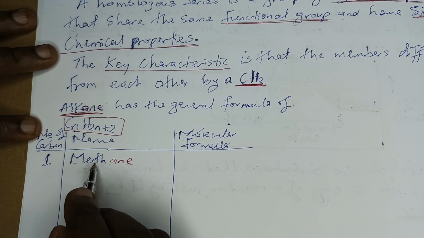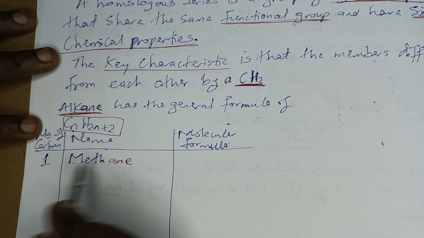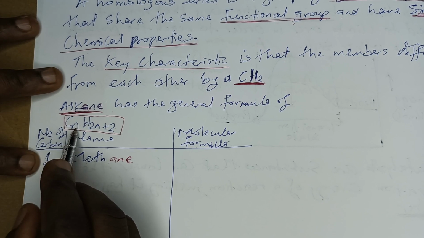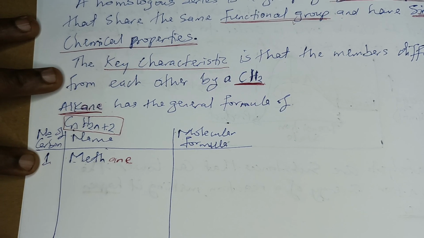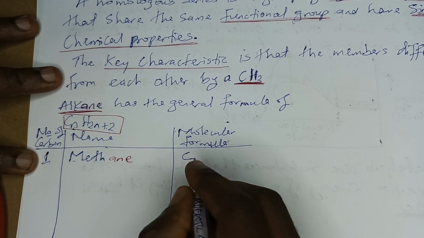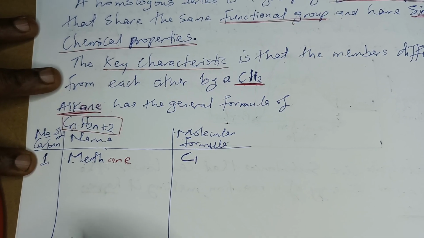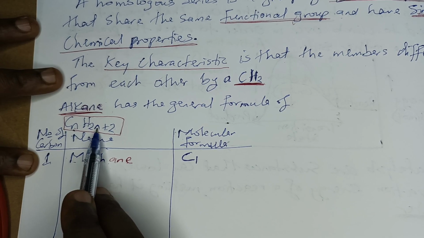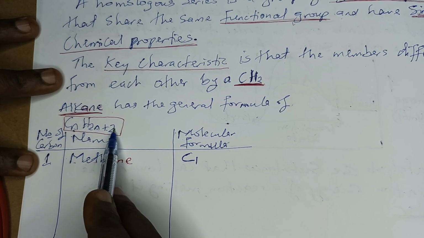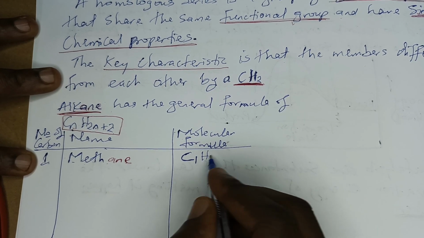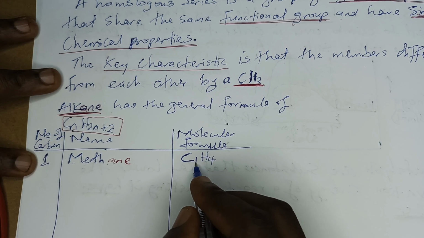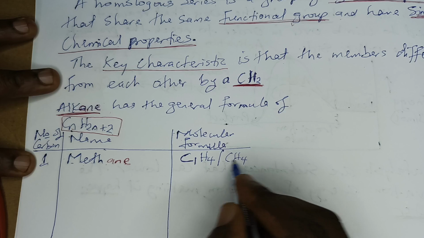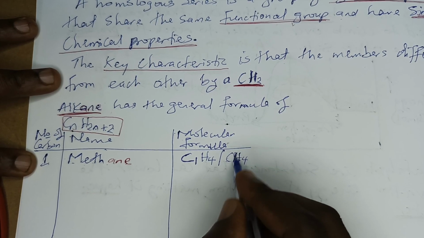Our carbon is 1, so we put 1 here, it will be C1. Looking at it here, 2 times 1 is 2, plus 2 is 4. So C1H4. Since 1 is negligible, we can write it as CH4. This is the molecular formula of methane.